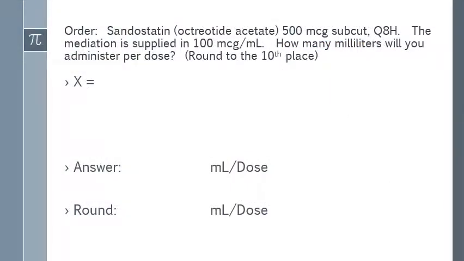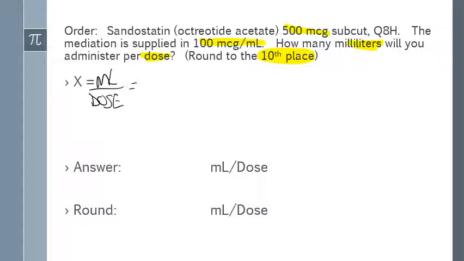So for this problem, we are going to solve for milliliters per dose. We have our order and our supply, and we know what we need to do at the end. So let's just write out, and I keep writing this over and over again because this is my reminder to keep me on track when I set my problem up.